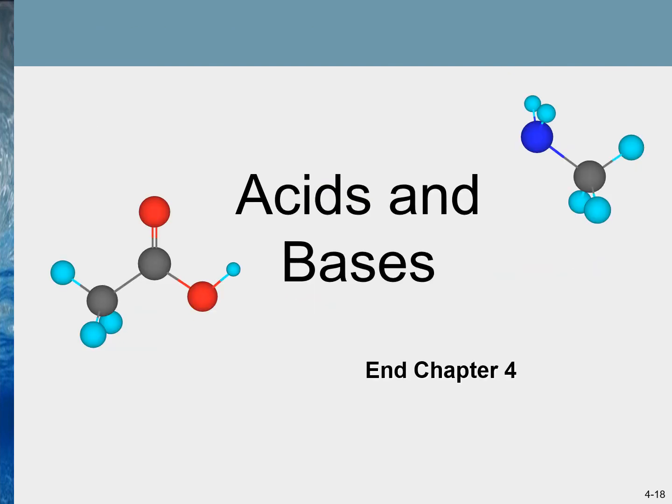Okay, with that, we conclude chapter number 4. In this chapter, we learned about acids and bases, and we discussed different definitions of acids and bases. And as I mentioned, the most common definition which we will use in this course is the Bronsted and Lowry definition. We learned how to calculate the strength of an acid using pKa values, and we also discussed the meaning of equilibrium in an acid-base reaction, and how we can predict the direction of equilibrium by looking at the strength of the acids.